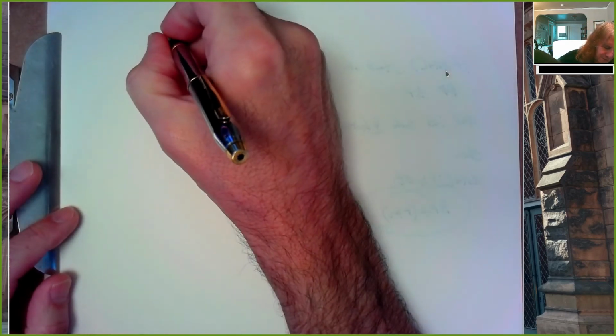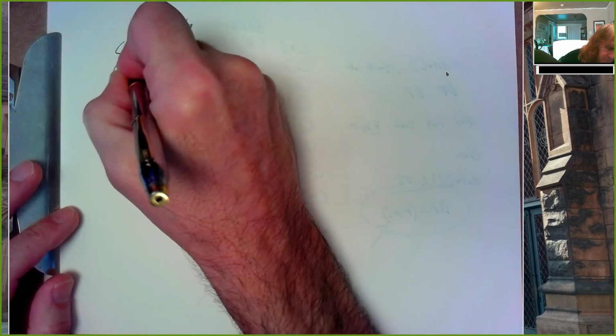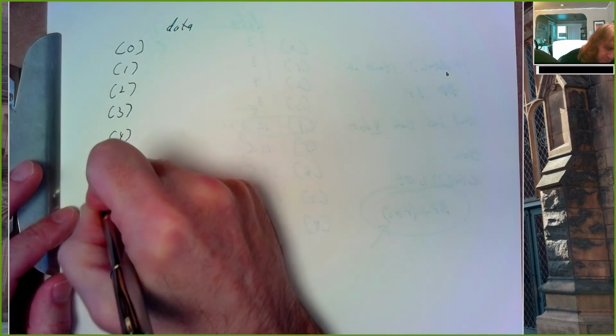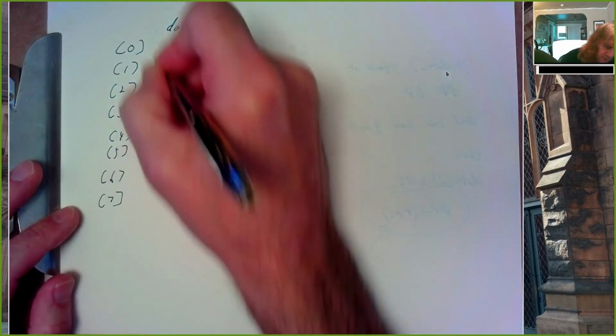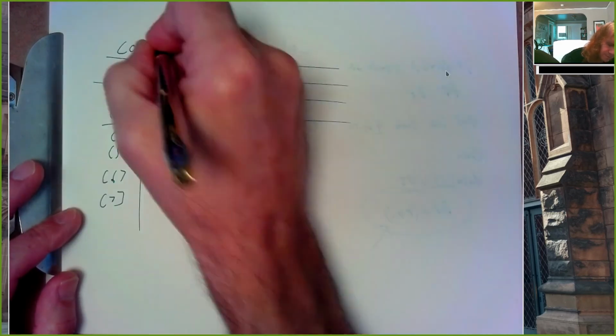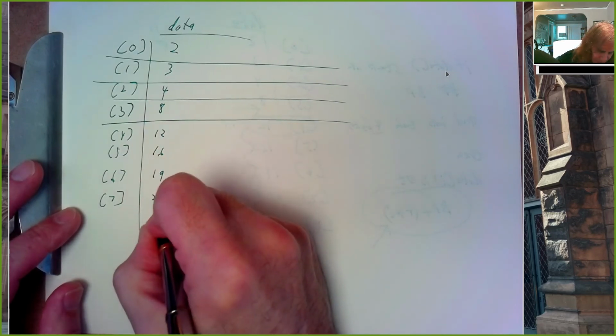So we can improve this by doing something pretty clever. Right now we have our data looking like this: 2, 3, 4, 8, 12, 16, 19, 25.